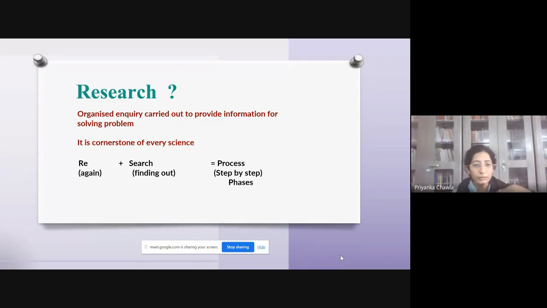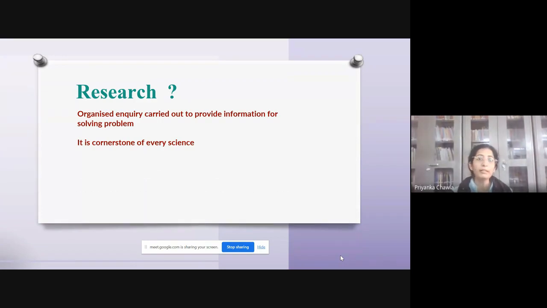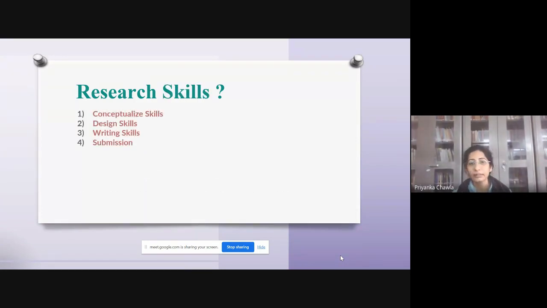Research means once we have found the solution of the problem, on the basis of the research gap, we have some limitations, some constraints which we have not identified on other particular aspects, so we try to solve them. But here we talk about research skills.